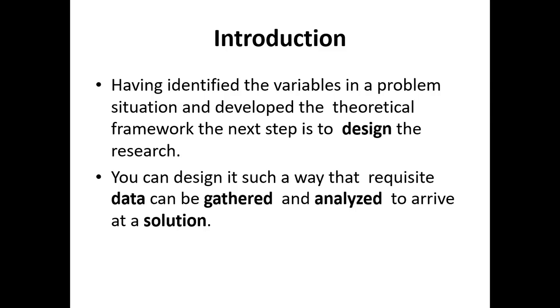Without getting support from a theory or theories, you cannot answer your research questions, research objectives. Through the theory, you are trying to develop some kind of argument, right? The theoretical framework explains that.